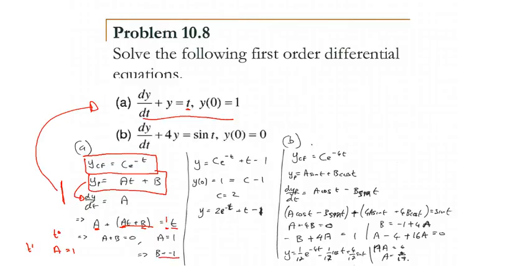So that's solved. Here we're at the stage where we've got what's called the general solution. Now we're going to apply the boundary condition. So when t equals 0, y equals 1. I put 0 into this expression here.